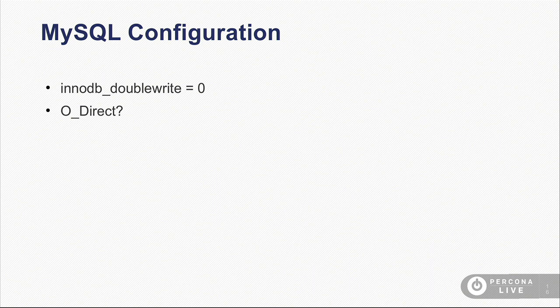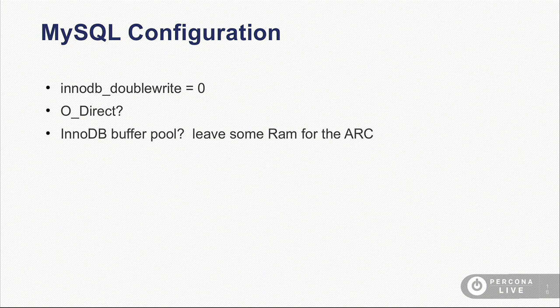But now it just puts a message in the error log that it tried, failed, and decided to continue without it. So it's not a big deal to have innodb_flush_method set to O_DIRECT, it will just be ignored and fall back to the O_SYNC default. For the InnoDB buffer pool, you'll need to keep some memory for the ARC, so don't be too aggressive. Maybe backtrack a bit from your regular settings.